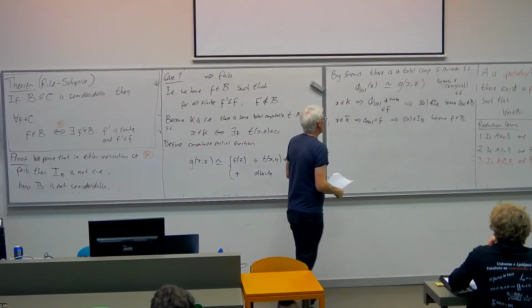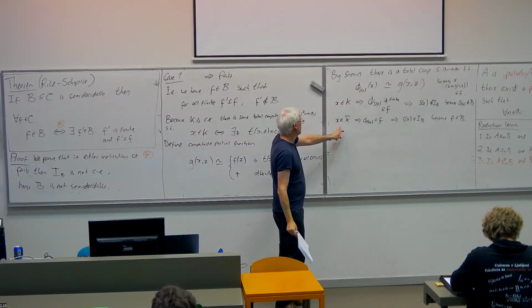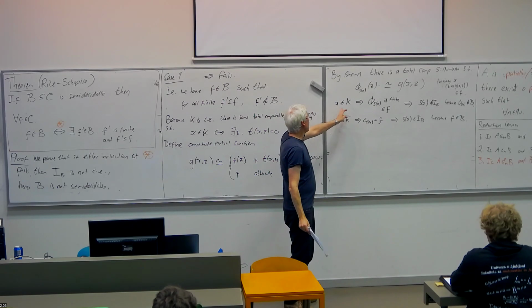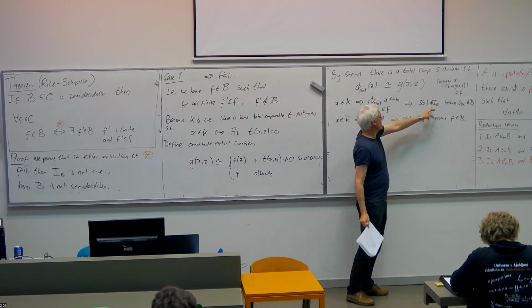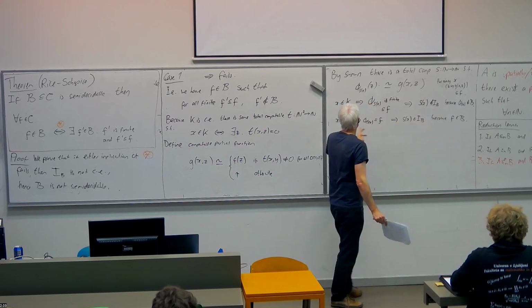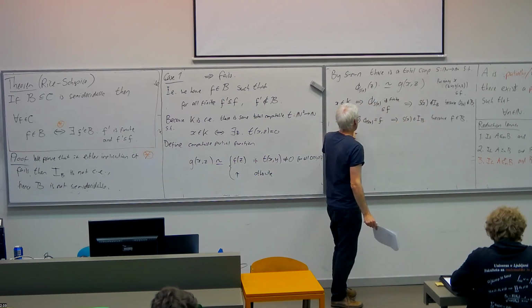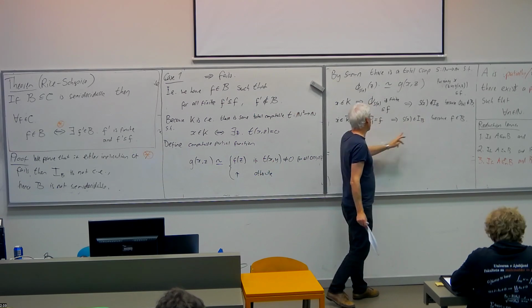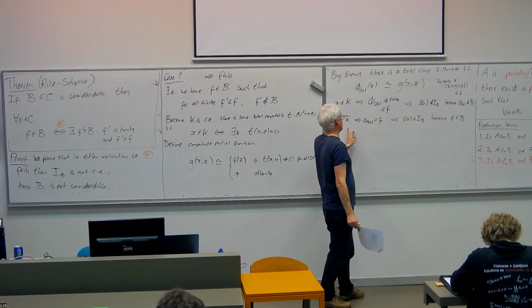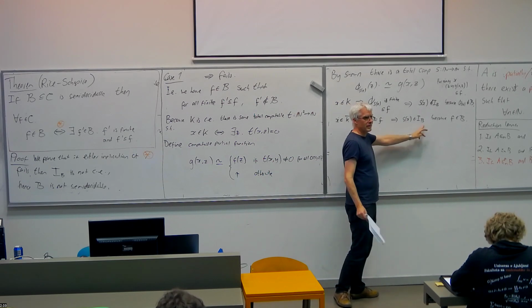Okay, so what we have here is, if x belongs to K, then S of x doesn't belong to IB, and if x doesn't belong to K, then S of x does belong to IB. So in other words, we're reducing the complement of K to the set IB.